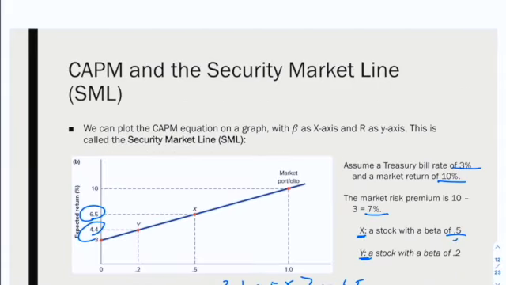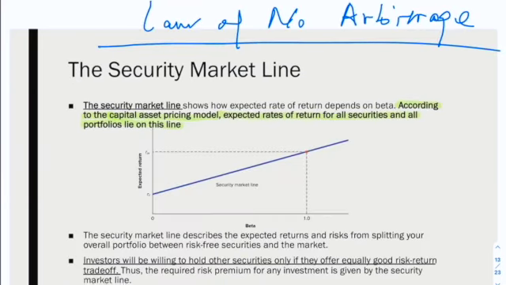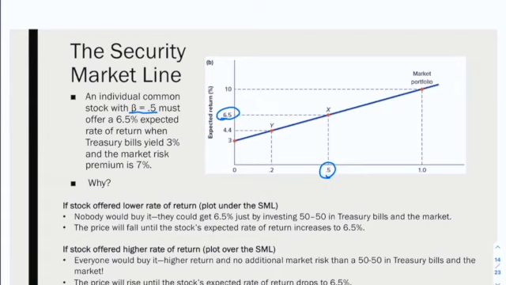If I have a beta of 0.5, RF is 3%, RM is 10%, it must have a 6.5% return. What if it doesn't? What if it's on top of the security market line or below the security market line, meaning that their return can be higher or lower than what the security market line describes? What happens in that case?